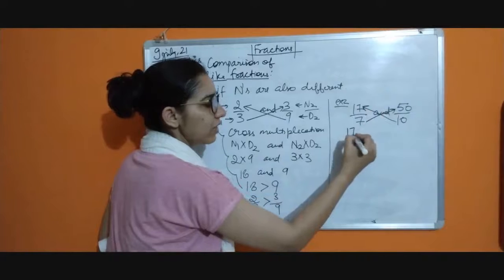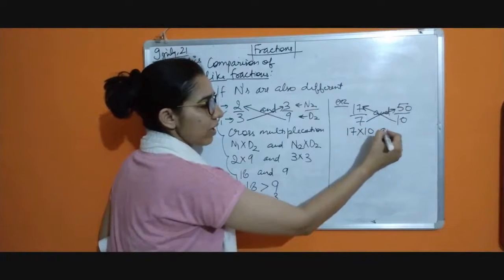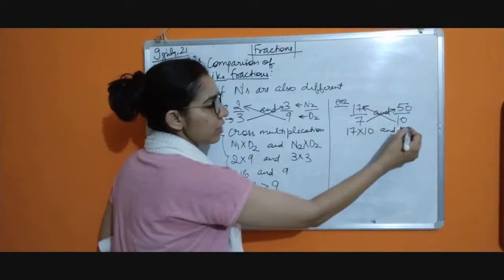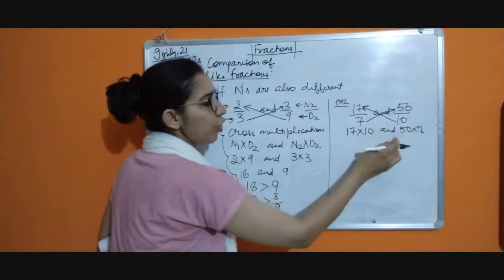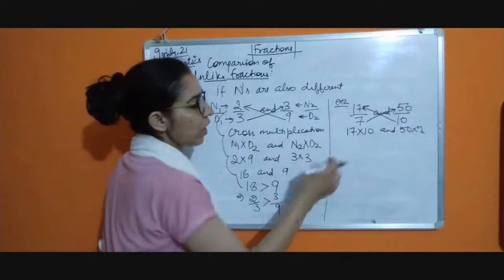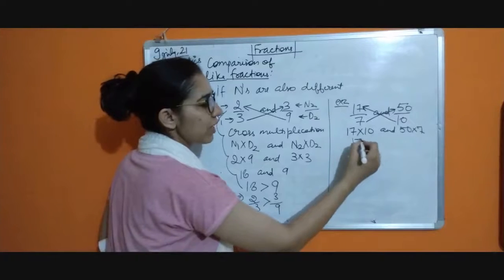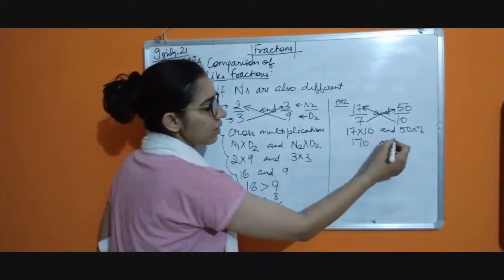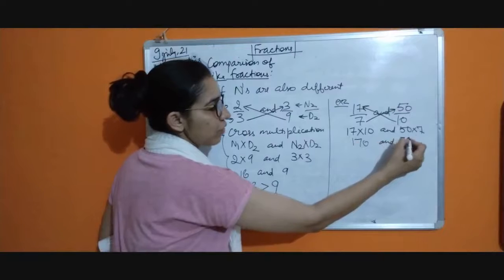What I will get is 17 into 10 and 50 into 7. We won't put any sign here because we don't know yet which number is bigger. So 17 into 10 is 170, and 50 into 7 is 350.